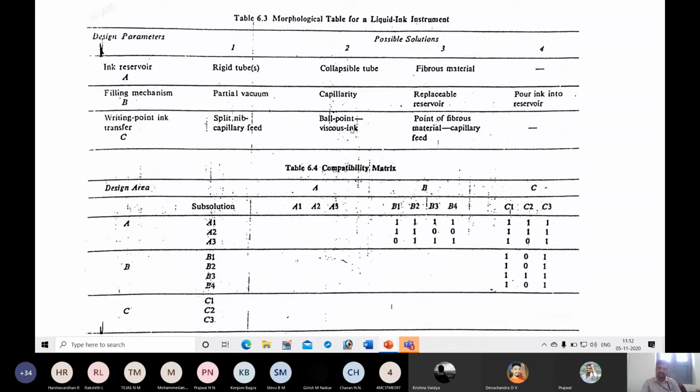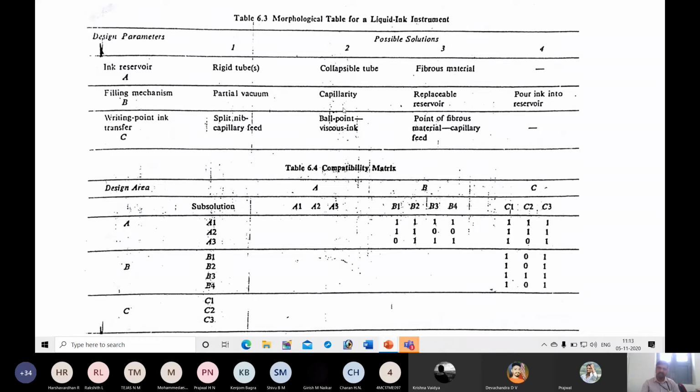Again, in the case of ink pens, you can see there will be capillary rise, whereas in the case of ballpoint pens, if you keep the nib of the ballpoint pen in an ink bottle, the ink doesn't rise because of capillarity. The reason is that in this combination, the surface tension required for capillarity is neutralized by the viscous forces.